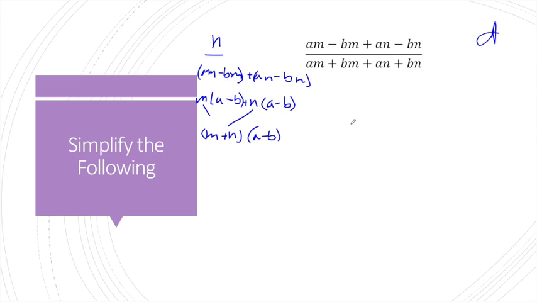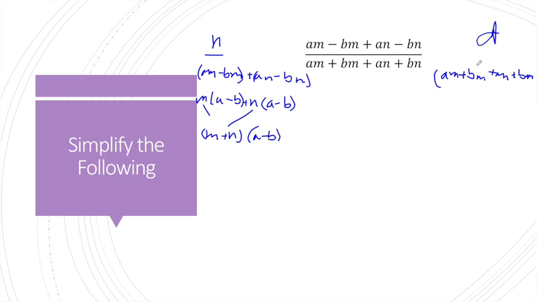Now I need to factor my denominator. I'm going to factor by grouping. So I have AM plus BM plus AN plus BN. Let's go ahead and factor by grouping.